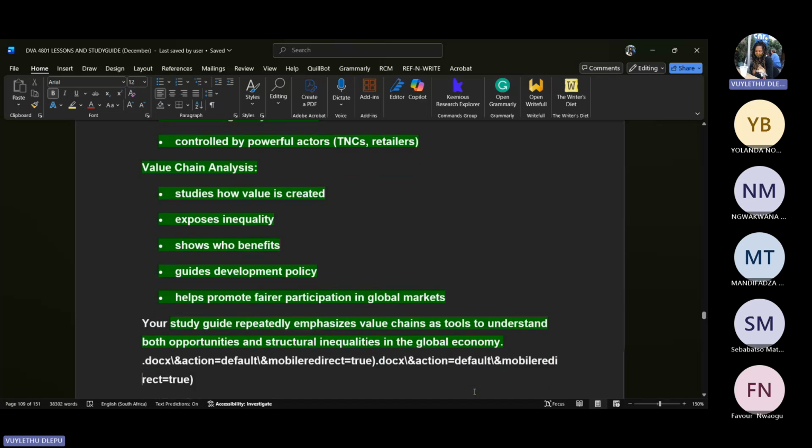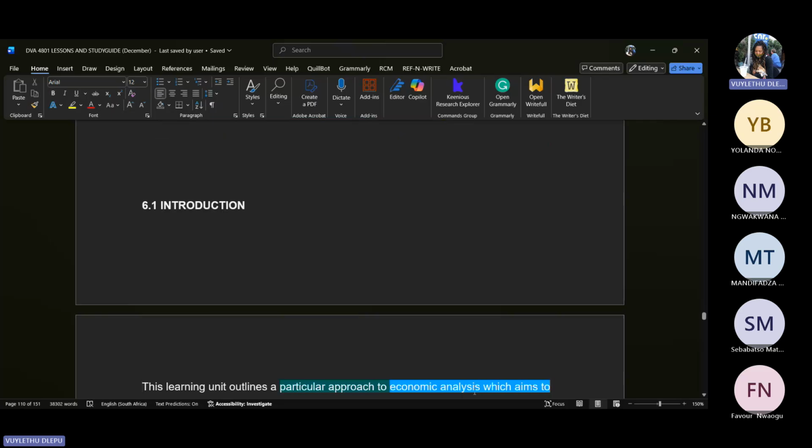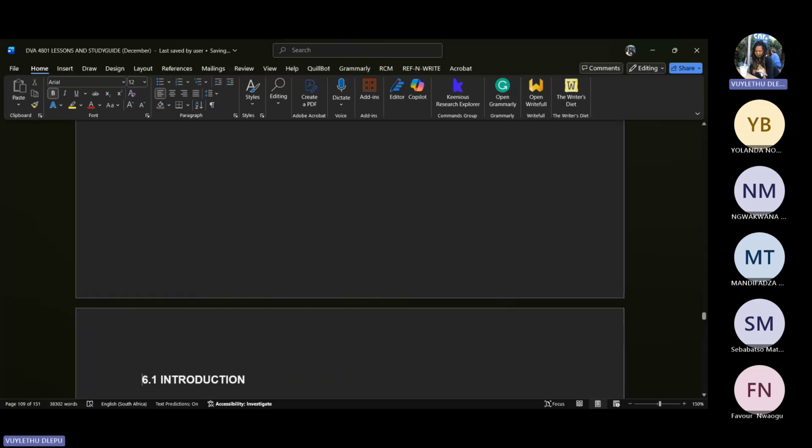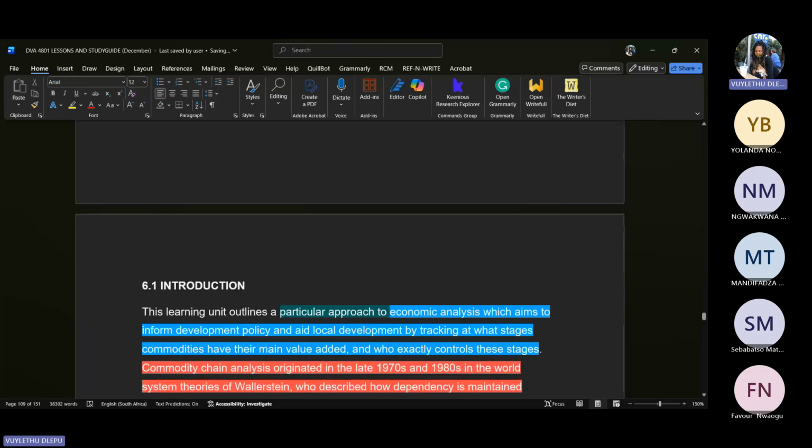And it tells us that the study guide repeatedly emphasizes value chains as tools to understand both opportunities and structural inequalities of the global economy. And that was a very nice introduction, to just give us a whole picture about what's going on in this unit.